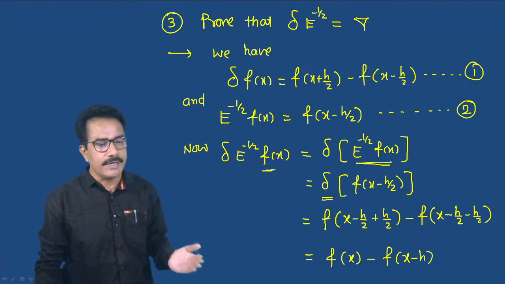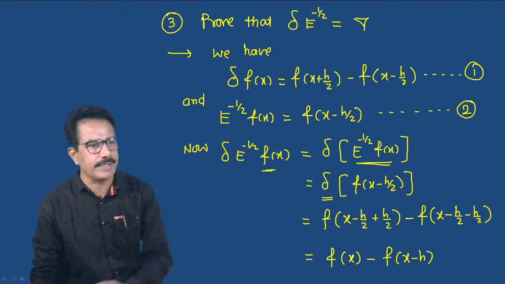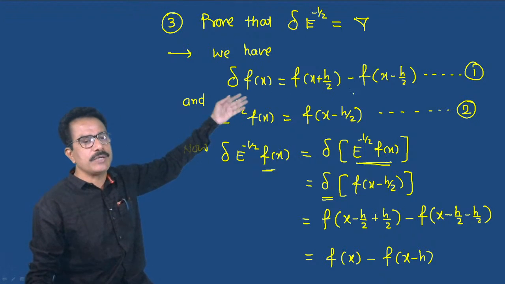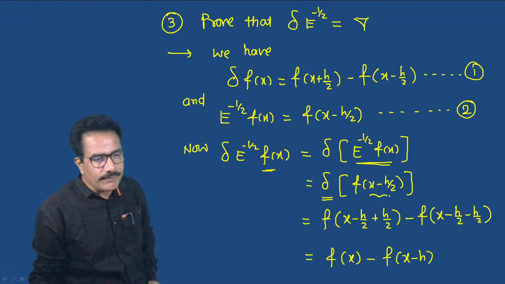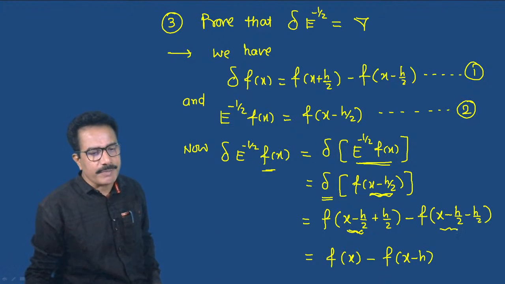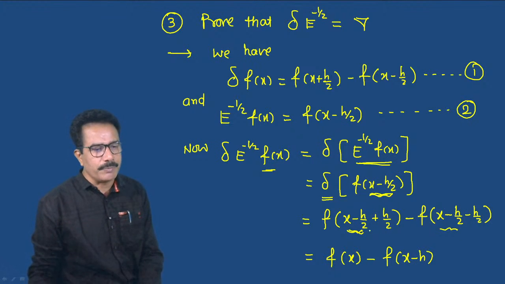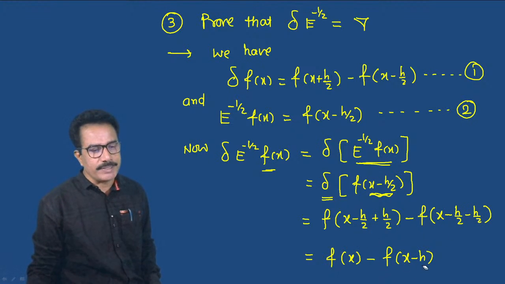Delta means f of x minus h by 2 plus h by 2, according to this definition. Delta f of x means f of x plus h by 2 minus f of x minus h by 2. Suppose this is f of x, then x minus h by 2 plus h by 2, x minus h by 2 minus h by 2. So the minus h by 2 plus h by 2 will be cancelled. So it is f of x minus h by 2 minus h by 2, which means minus h.